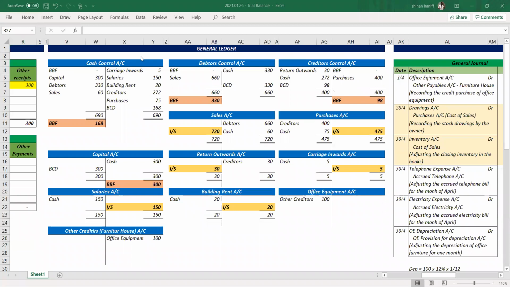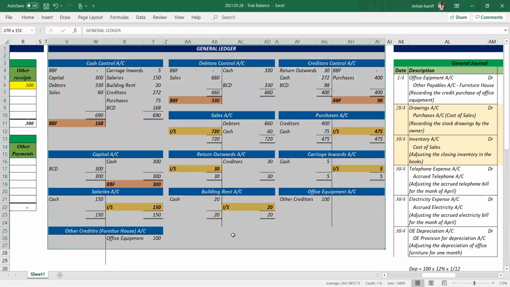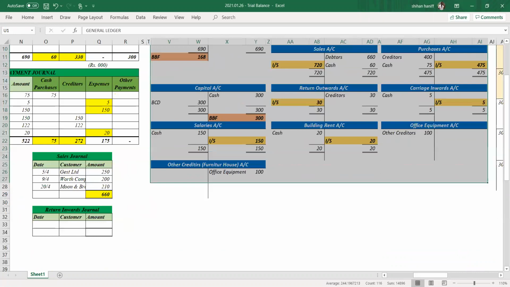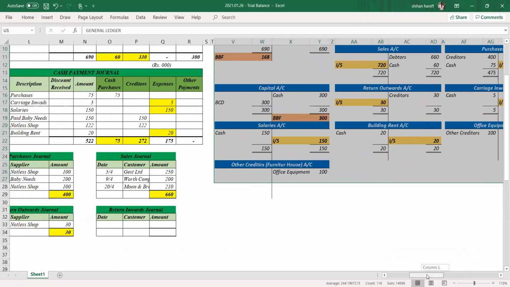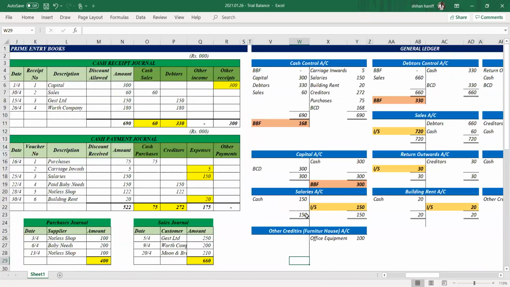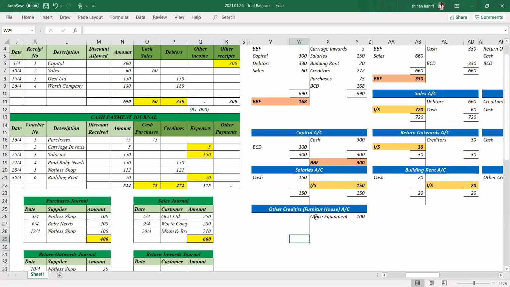Right. So this is the general ledger. Now we can also do the sub ledger. Sub ledger means the individual account. So when we do the control accounts, I was explaining the sub ledger, debtors ledger and creditors ledger. So shall we draw?